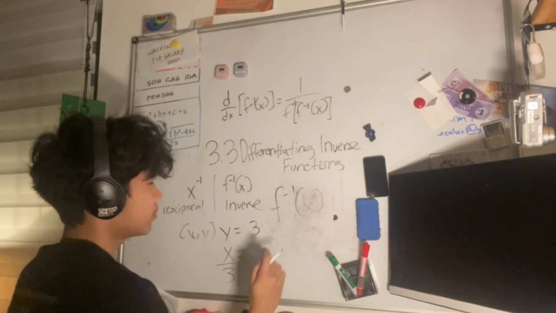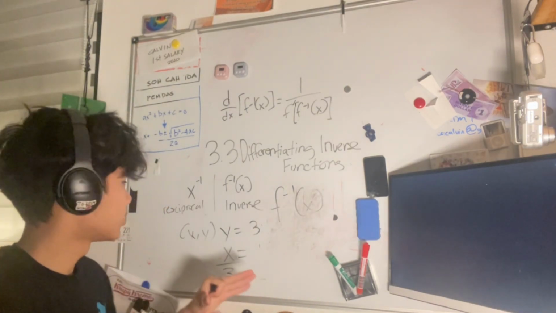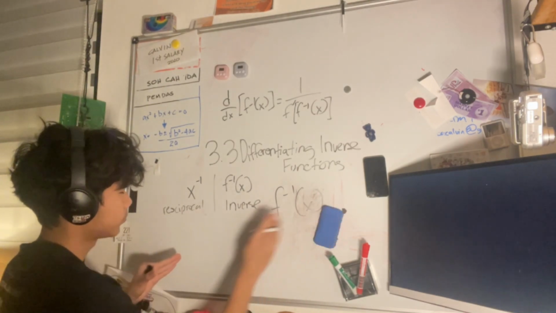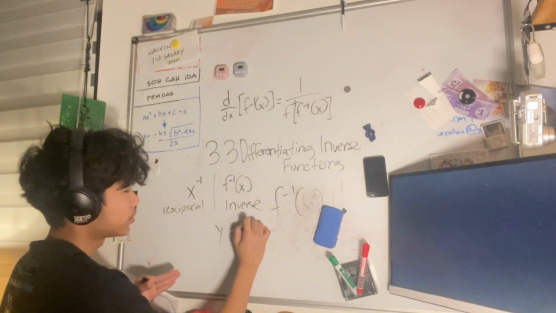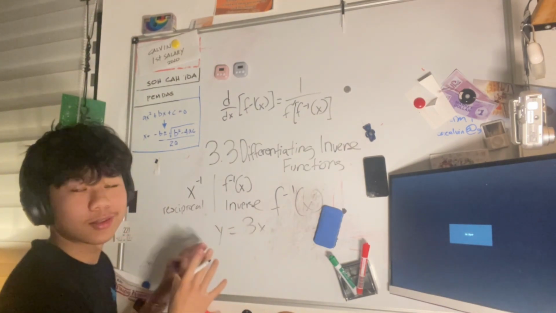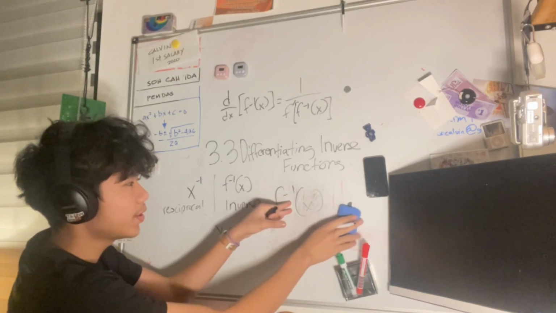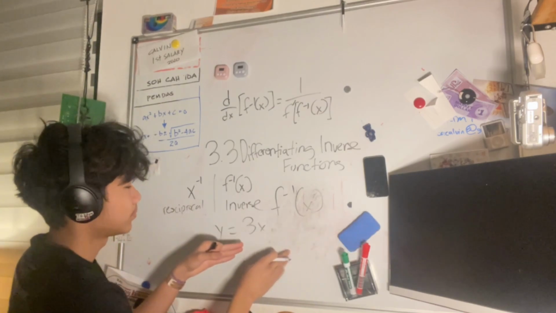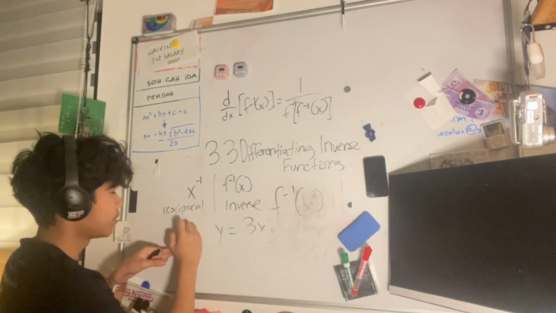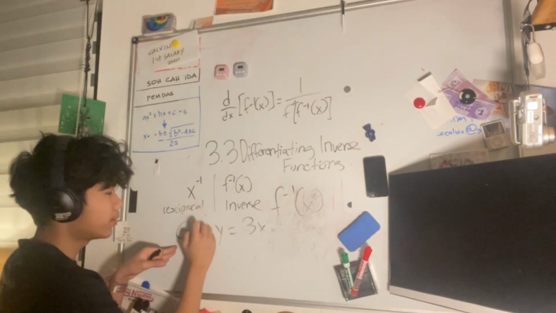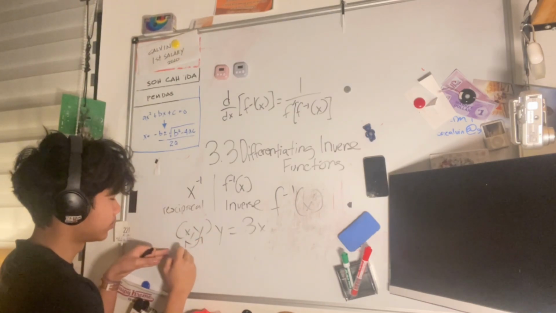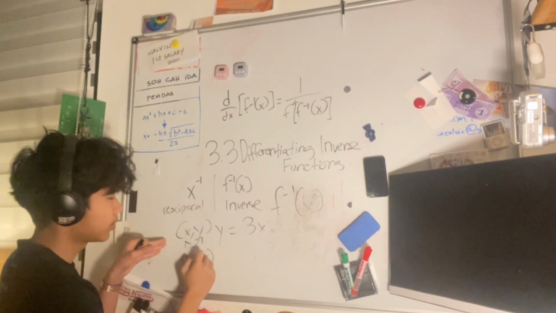So what it essentially means is, you see this equation right here, y equals 3x. That's the original equation. When you put the inverse right here, that -1, that means that this equation, it's like xy, right? You swap the values to get y, x.